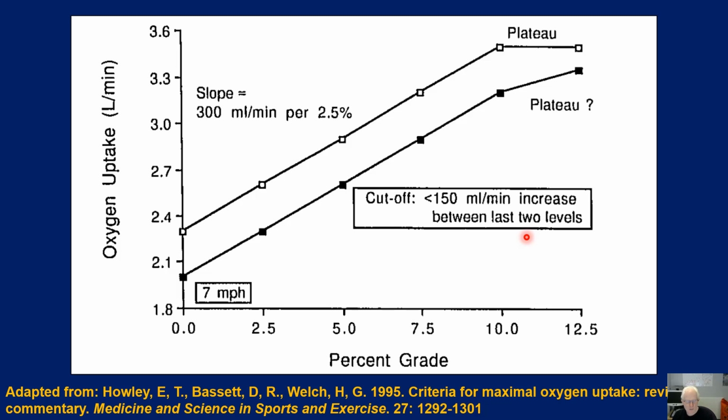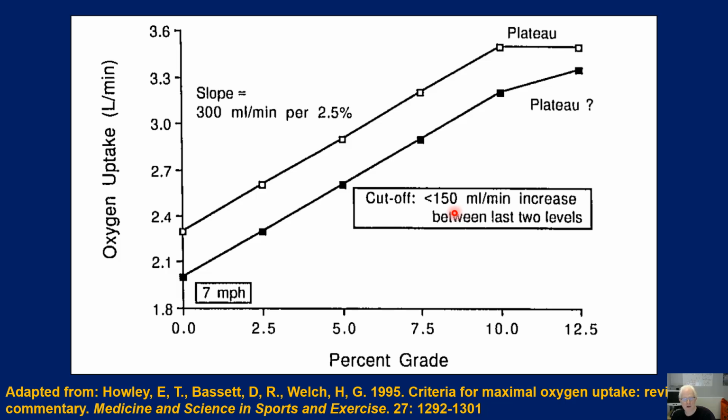So it becomes more interesting when we start to think about, well, okay, how do I define a plateau? And this is where an awful lot of miscommunication and misunderstanding comes from within the literature and within applied practice. And it really stems from this paper and actually an earlier paper which was published in 1955 by Taylor and colleagues. In the Taylor and colleagues publication, they used this criteria here.